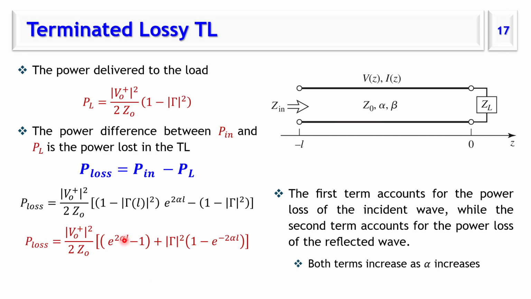Of course, you can review the math about these two values, and both terms will increase as alpha increases. So the more losses, the higher the attenuation constant, the higher the losses will be.